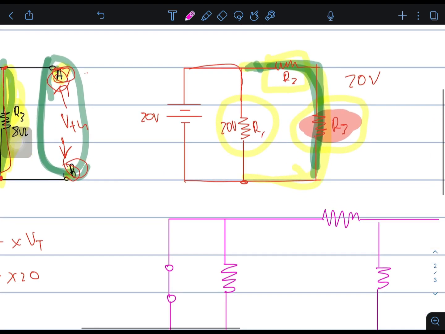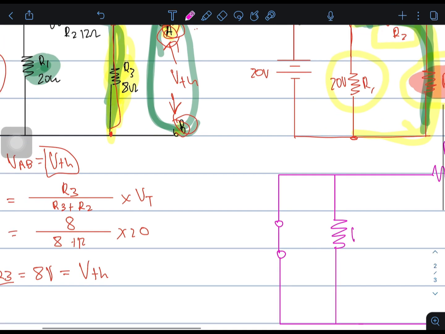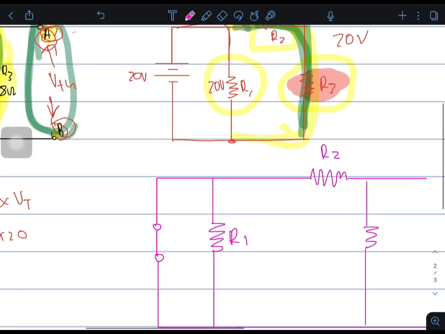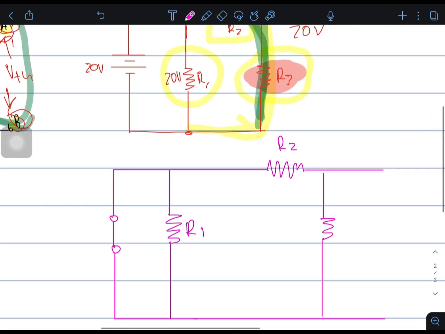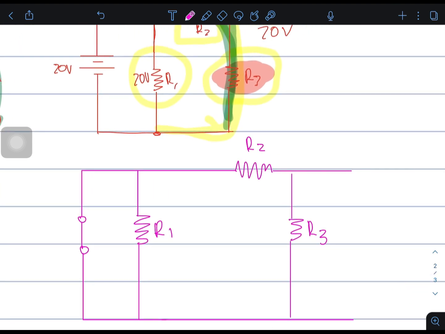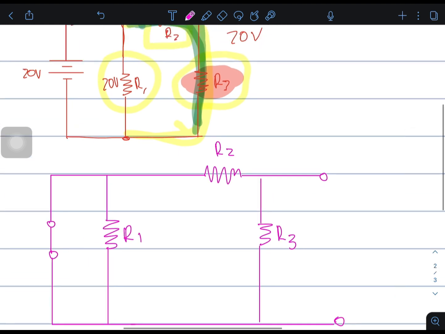Okay, this is our R2. This is our R1 still. We haven't changed anything, guys. We only short-circuited the voltage source.